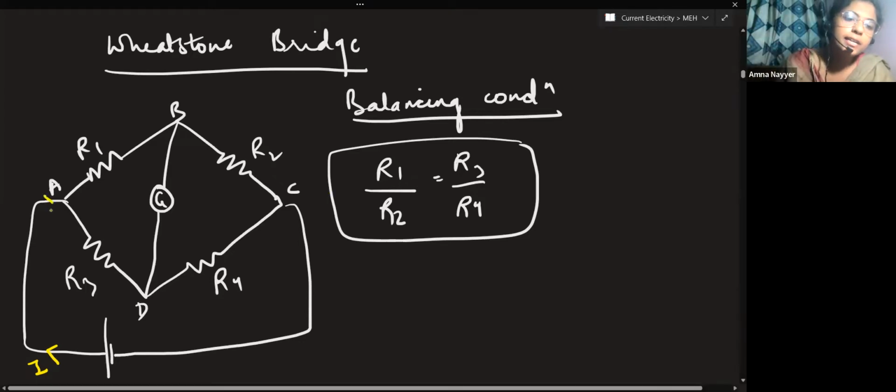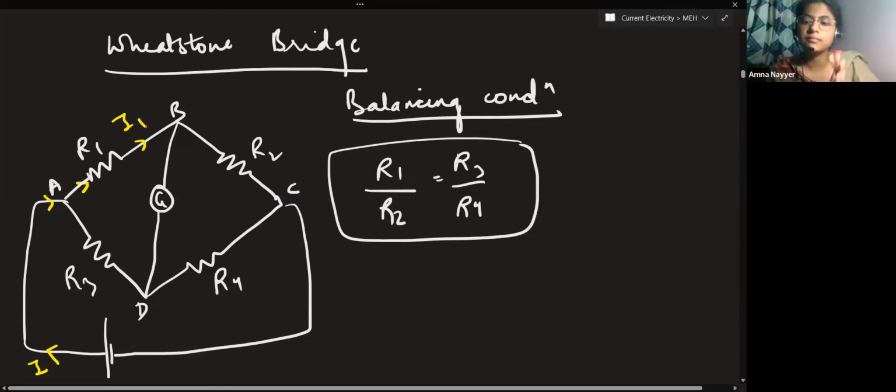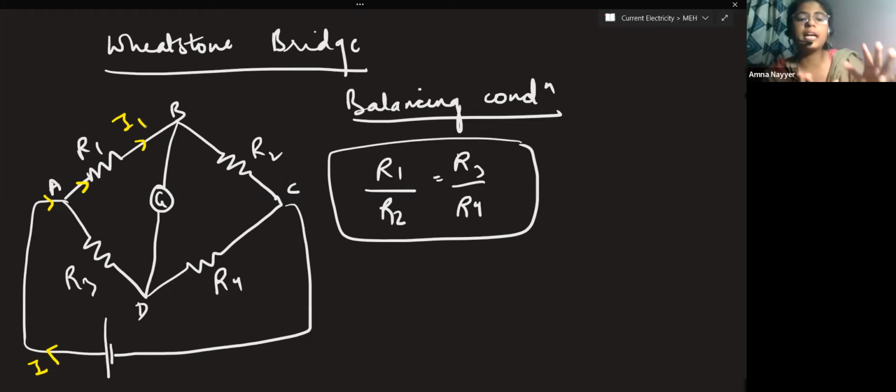So current I is coming. Let's say the current gets distributed. The first branch, AB, receives current I1. So from I, this branch received I1. How much current will the AD branch receive now? I was coming from the battery. Now I1 has gone to AB.